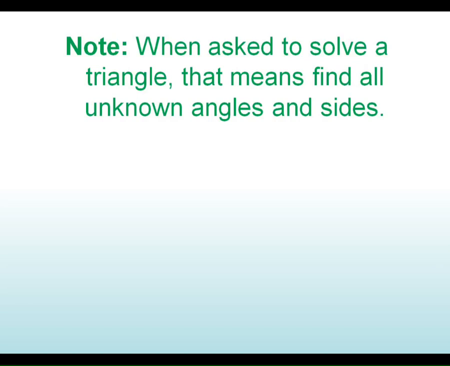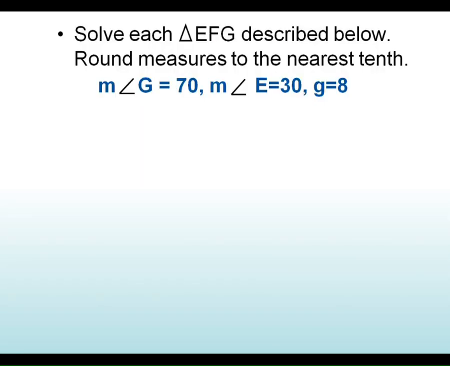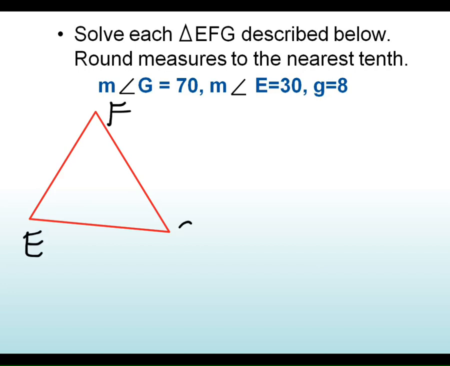Okay? Yep. It says triangle EFG. So I would always draw the figure just because it's easier to look at. It doesn't matter how you label it, but just use capital letters for the angles, lowercase letters for the sides. Okay.